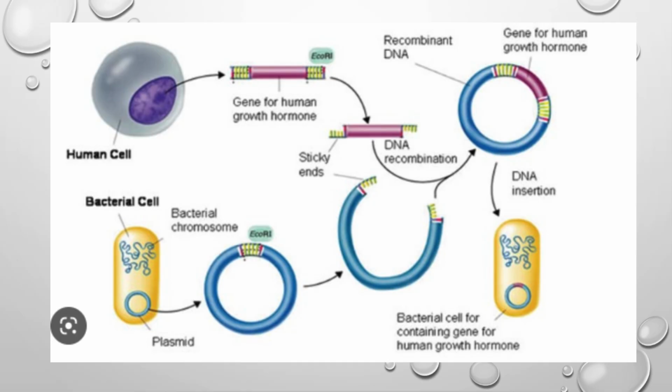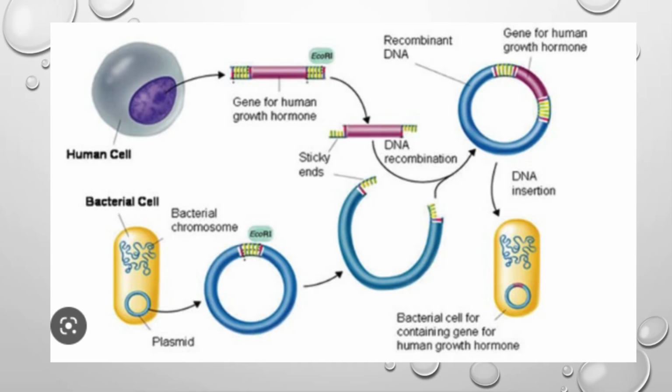Inside it, there's a small circular piece of DNA called a plasmid. They cut the plasmid using the same enzyme, so it has matching sticky ends. Then they insert the human gene into the plasmid, and this forms the recombinant DNA, a mix of human and bacterial DNA.